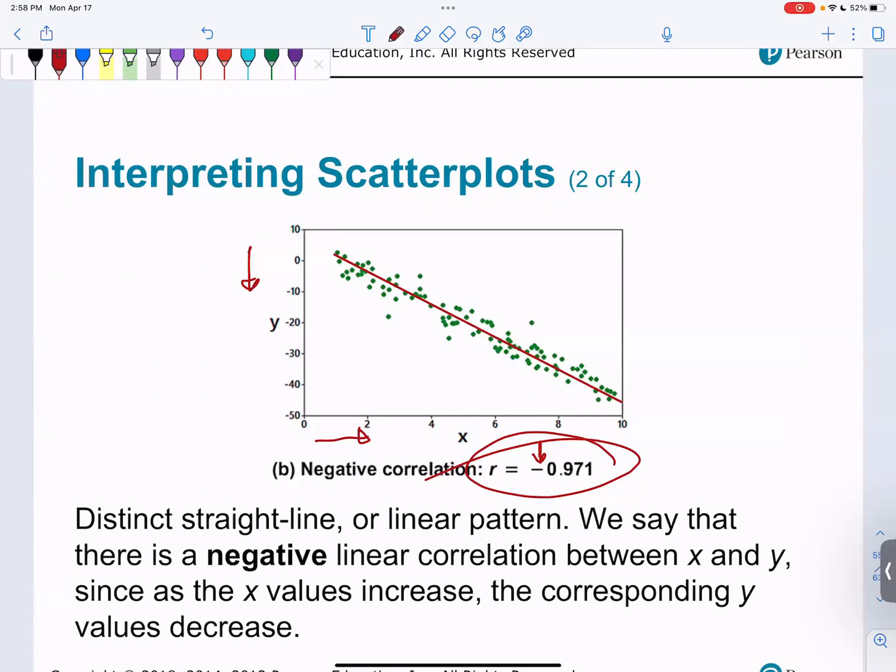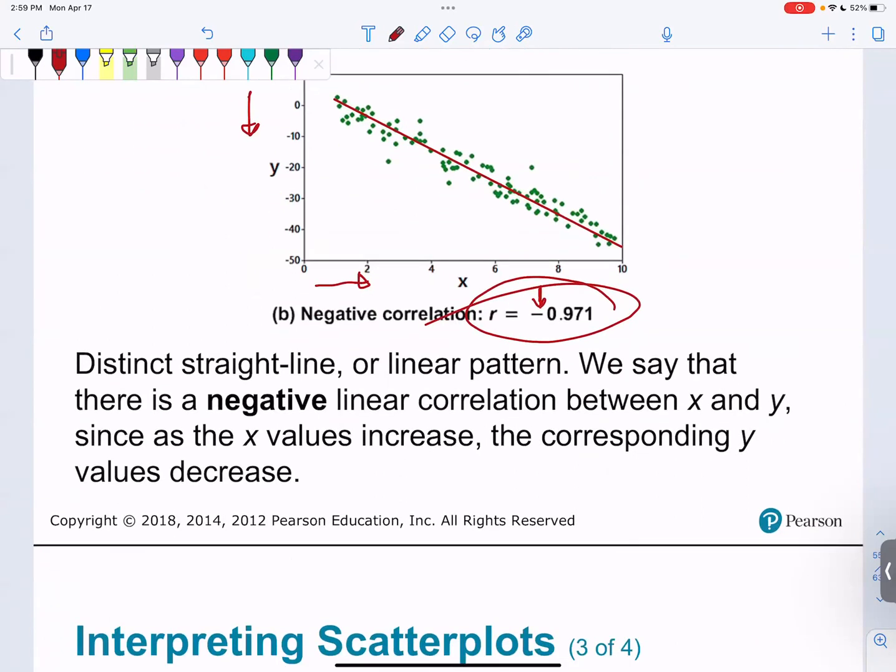So here, the form is linear, the direction is negative, and the strength is strong. The strength of the correlation increases as this value gets closer to 1. When I say closer to 1, I mean positive or negative 1, right? So as this value gets closer to 1, it is stronger. As it gets closer to 0, it will be weaker.